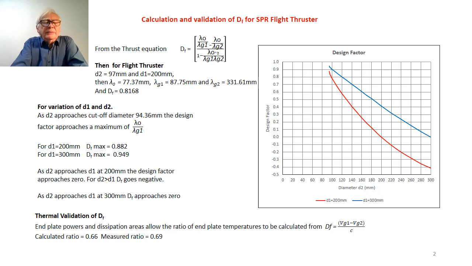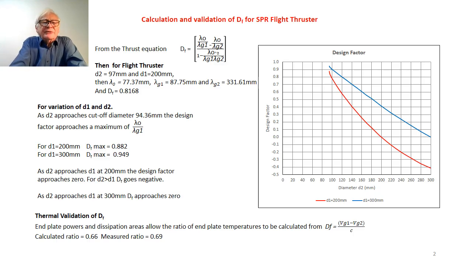But nevertheless, you get a significant increase if you increase the large diameter. If we look at basically the other end and watch as D2 approaches D1 at 200 millimeters, the design factor actually approaches 0.